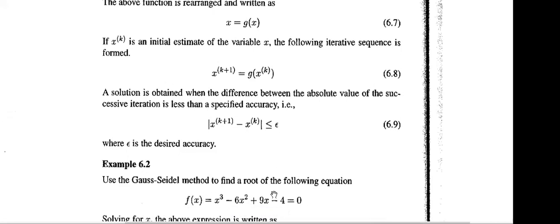Is it linear or non-linear? Non-linear. Actually, why is it non-linear? Because it is a cubic equation, a cube or polynomial expression. If it is cube or x square or something like that, it is non-linear. So if you have a non-linear equation, can you determine the solution of that?